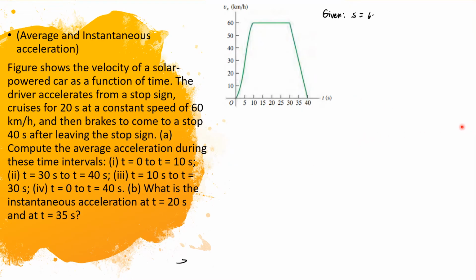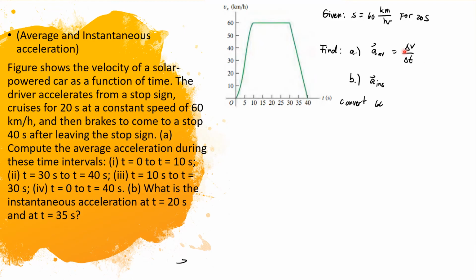So now, the given is the velocity is 60 kilometers per hour for 20 seconds. And we need to find the average acceleration, and that is delta V over delta t, meaning the change of velocity over the change in time. For B, we need to find the instantaneous acceleration.